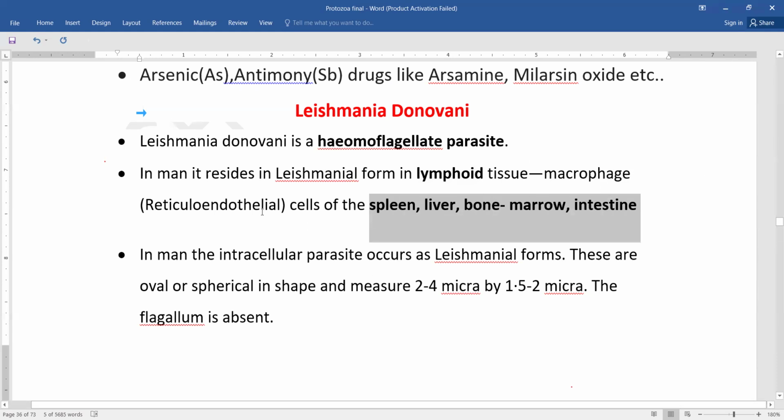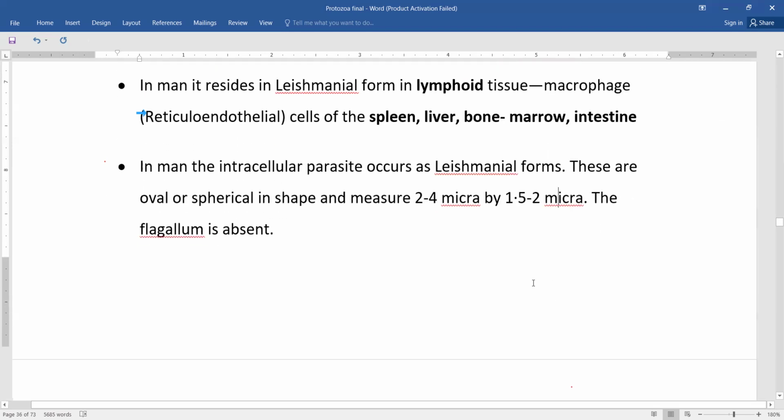Okay, where the immunological tissues are present. They are called reticuloendothelial cells. Mostly they are macrophages. Anyway, so in man, the intracellular parasite occurs as leishmanial forms.